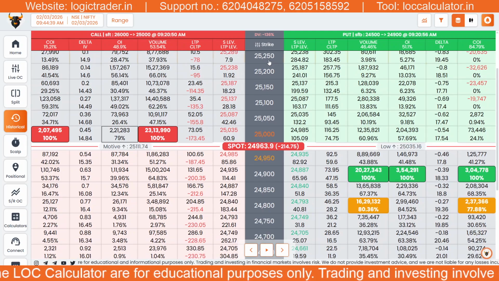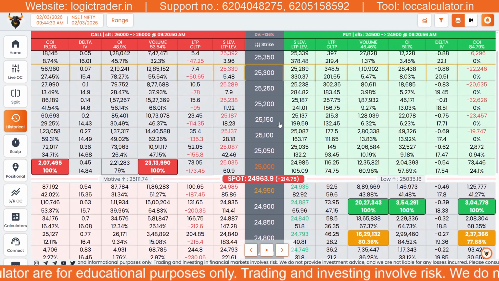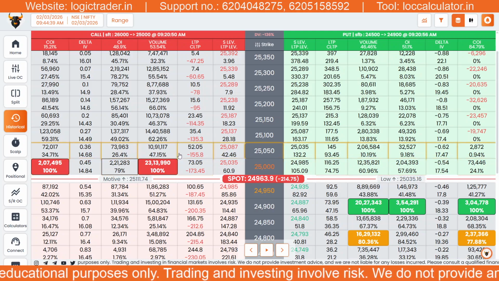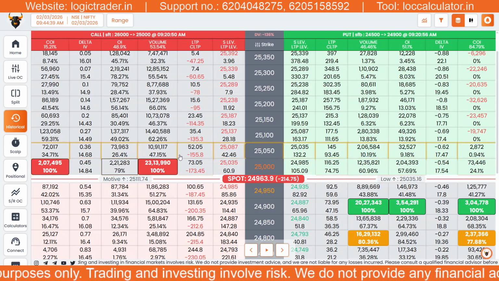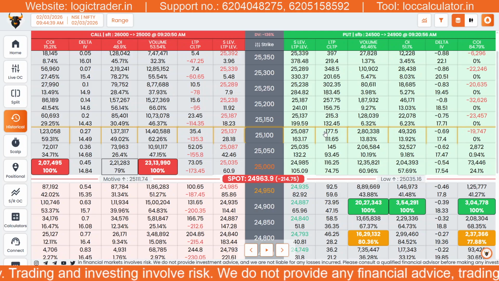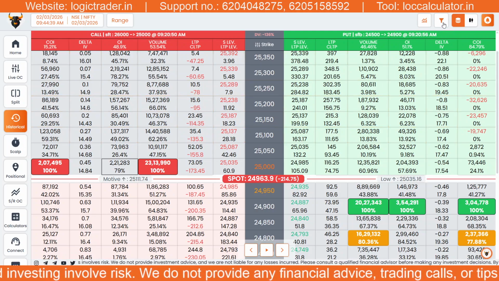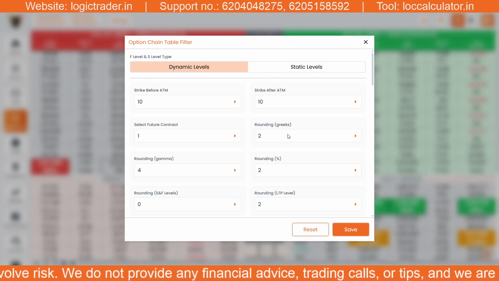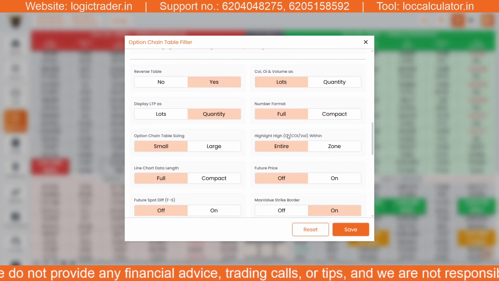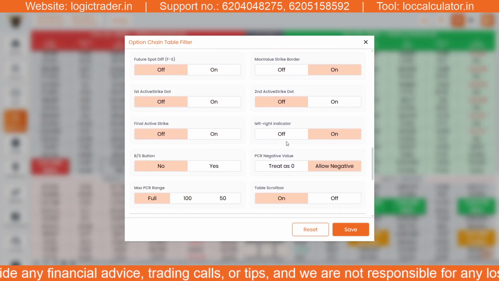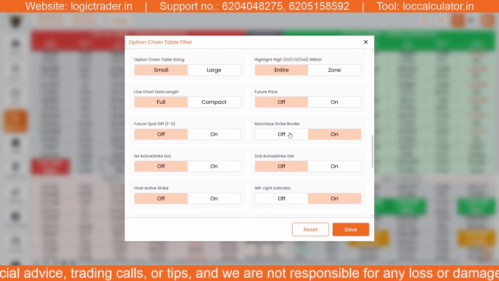Now let's talk about the second thing, which is max value strike border. If you want to see this feature, you first need to enable it from the option chain filters. Here, down below, it is given as max value strike border.